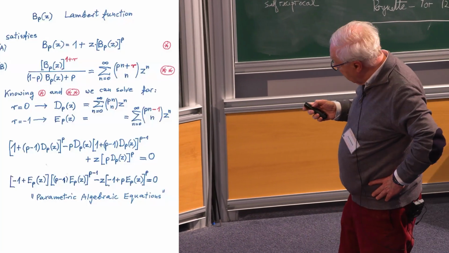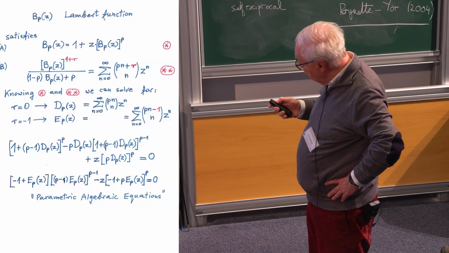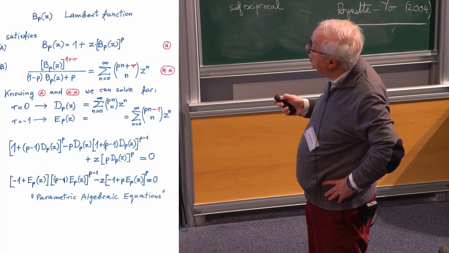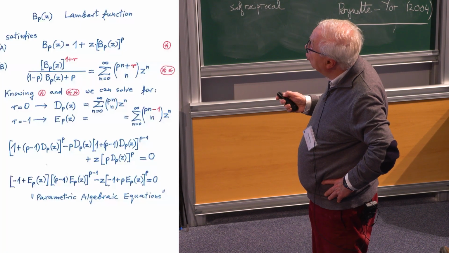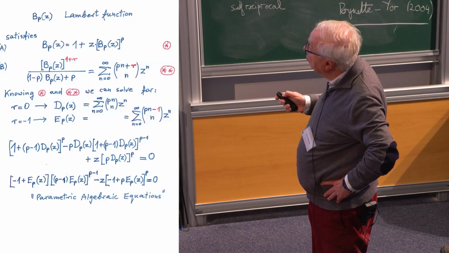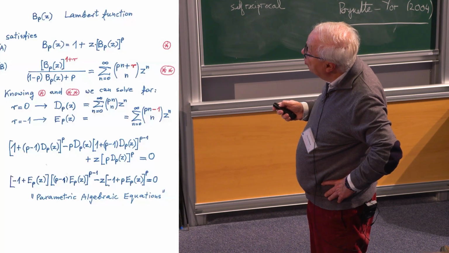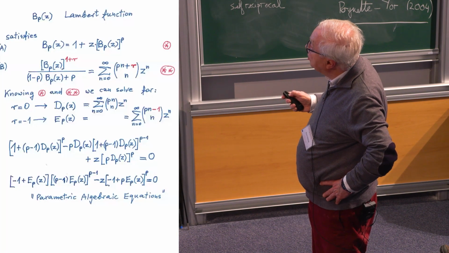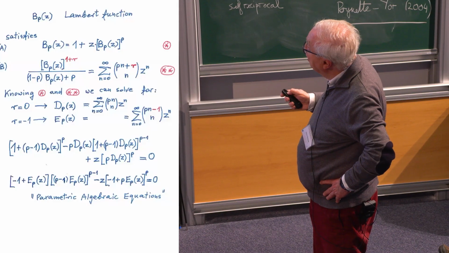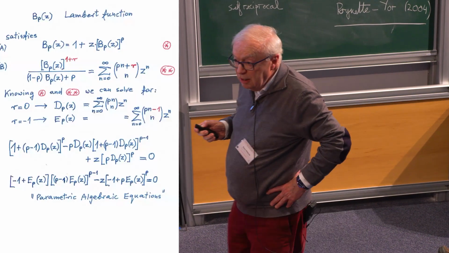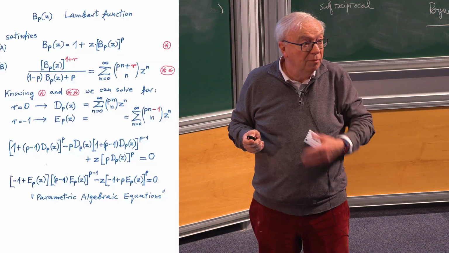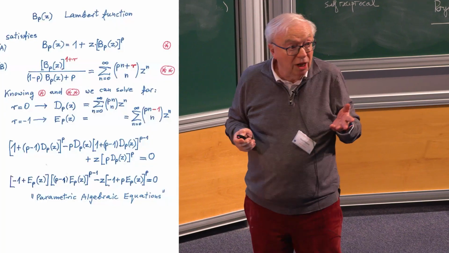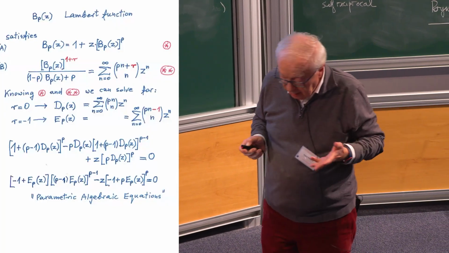The function which interests us is, first of all, the function DP, which is a sum of pure binomials, and the function for r = -1, which I call EP, which involves binomials with -1. So this is one of the cases which I presented before. And you ask how do I know that it is algebraic?